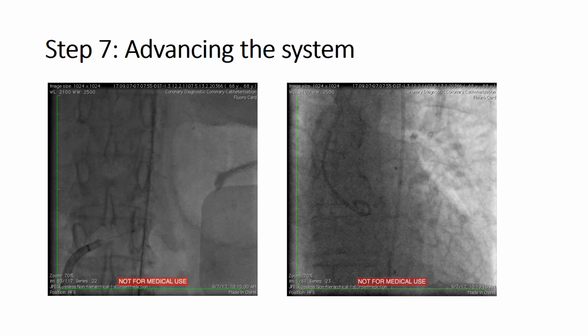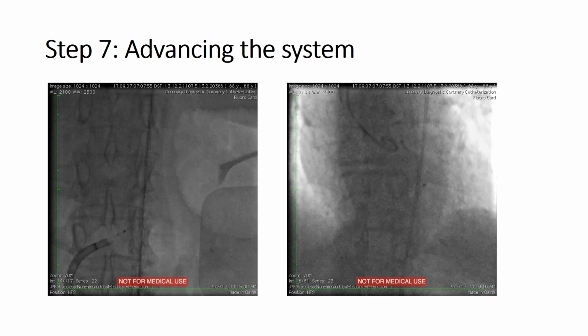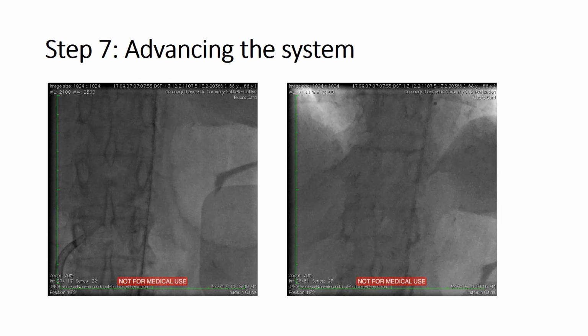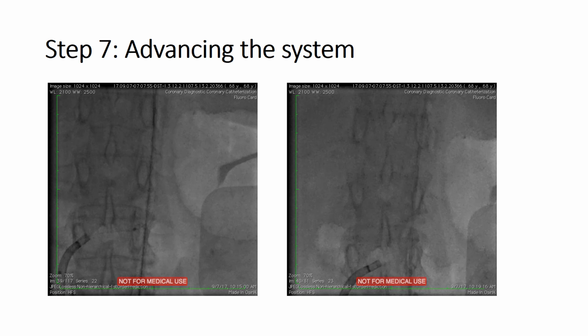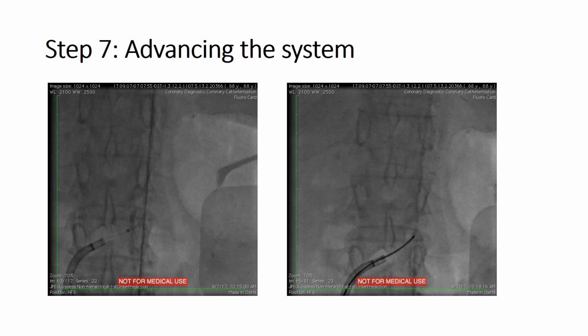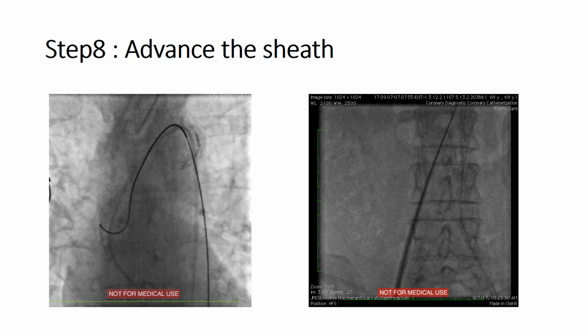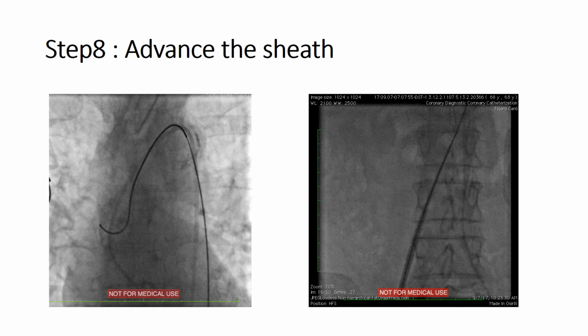The Lunderquist wire is a very stiff wire, similar to the Amplatz Extra Stiff, but stiffer in order to have a lot of support. After advancing my wire, you can see on the right side, I have my eSheath from Edwards crossing all the way into the aorta in a very smooth fashion. There's no resistance. It's very easy to puncture the IVC and the aorta. You barely have any problem doing that.